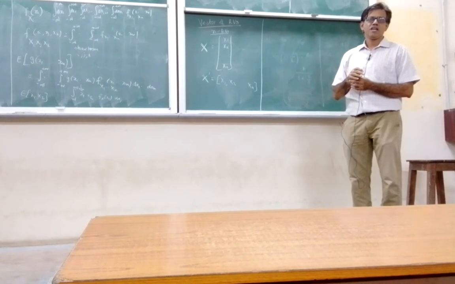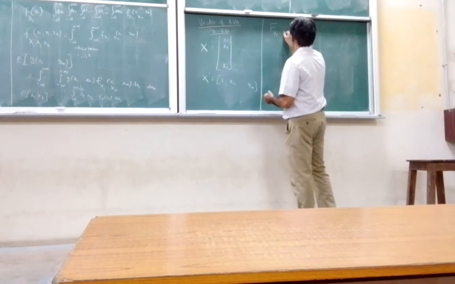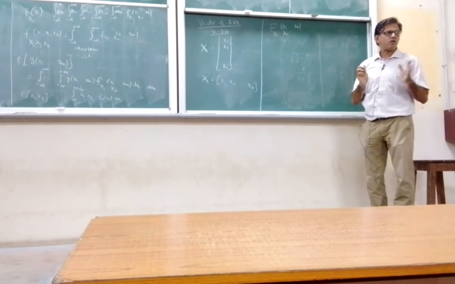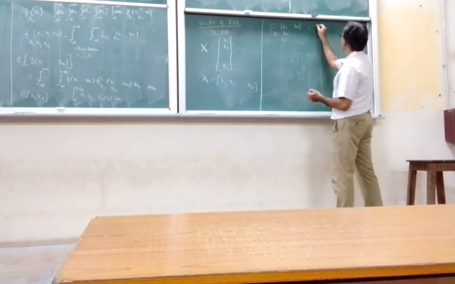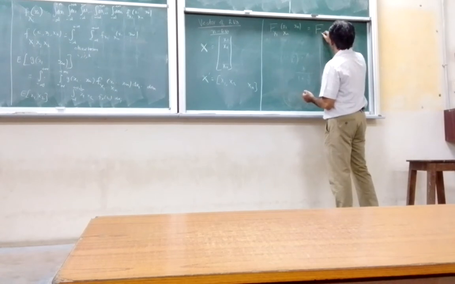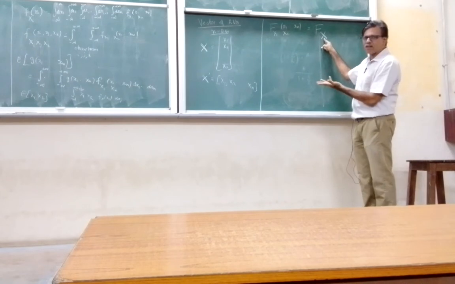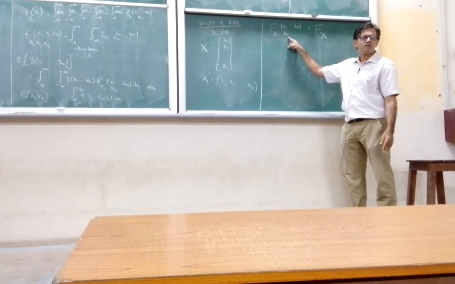Once we have denoted it like this, all the representations become simple. If you want to represent the joint CDF of x1 to xn, I just have to use the vector notation. What I mean by this is the random vector having x1 to xn as its components.